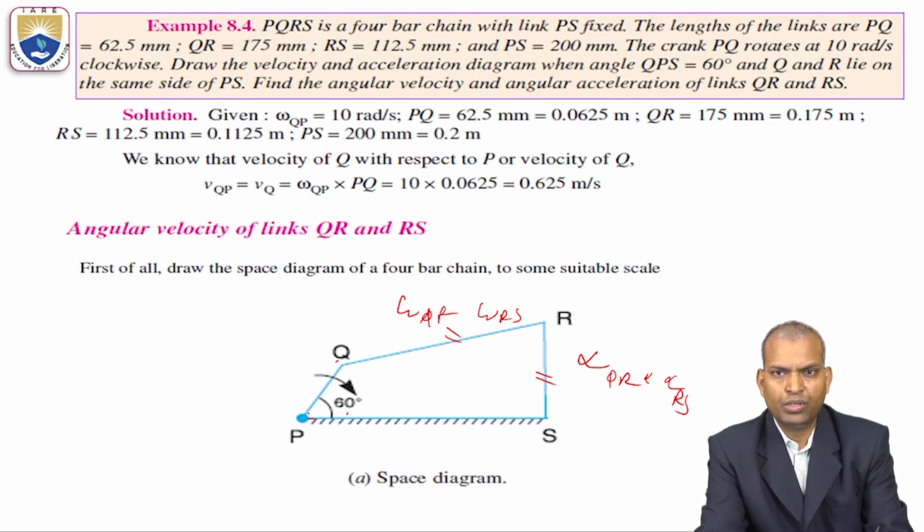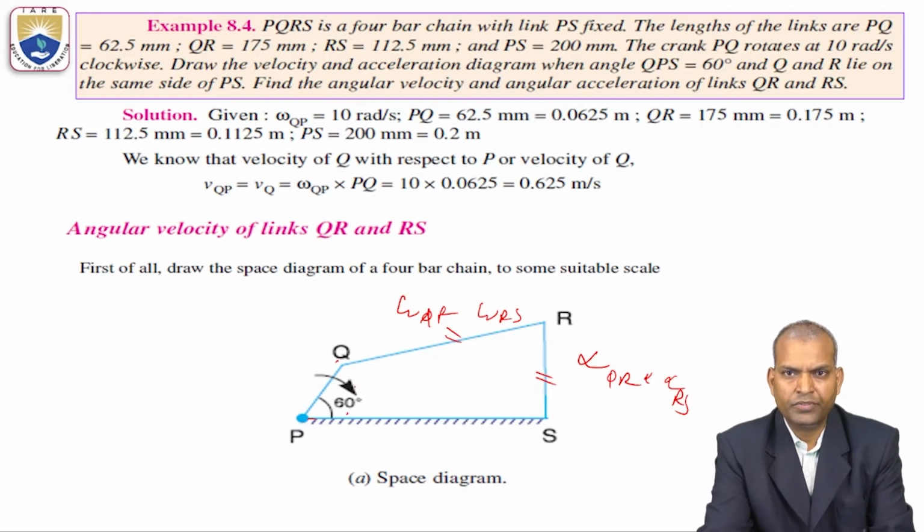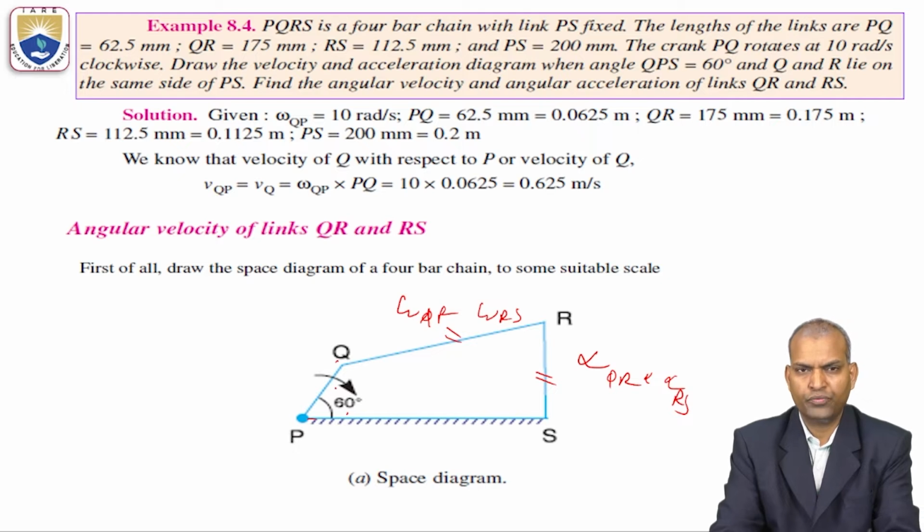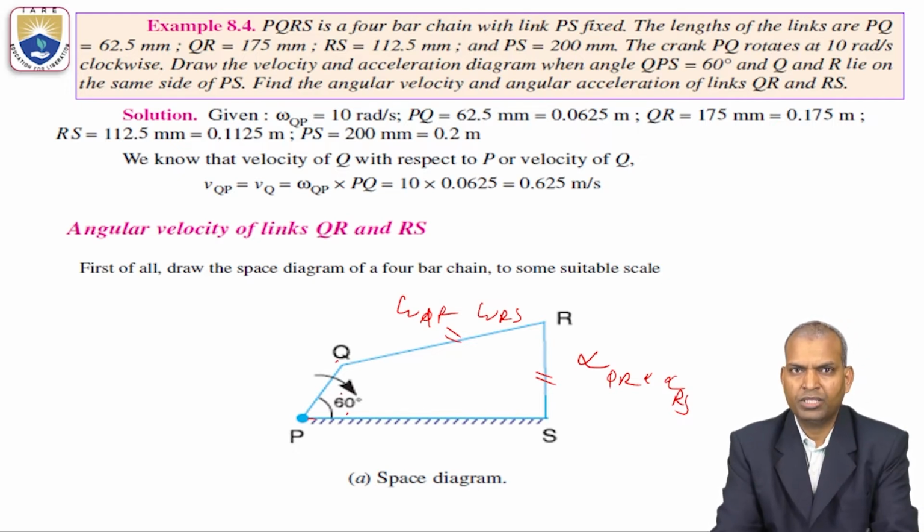The length of PQ is 62.5 millimeters, which converts into meters. QR is 0.175 meters. RS is 112.5 millimeters, or 0.1125 meters. PS equals 200 millimeters, or 0.2 meters.